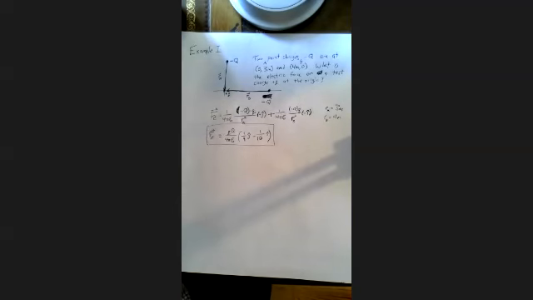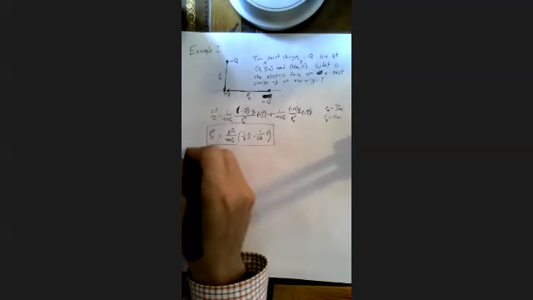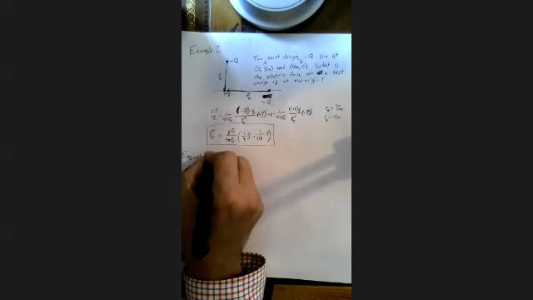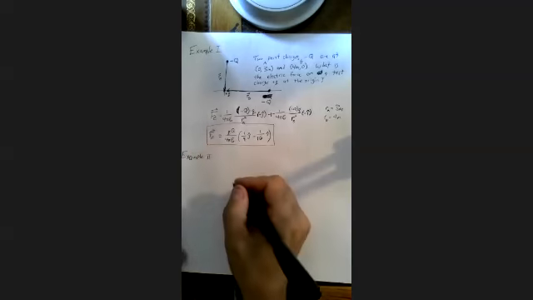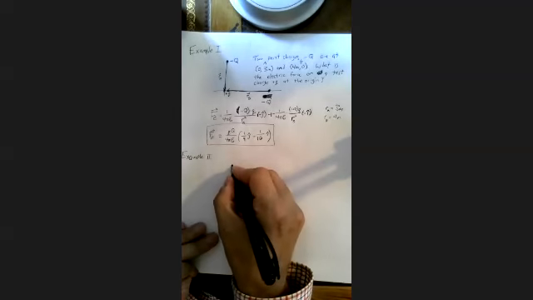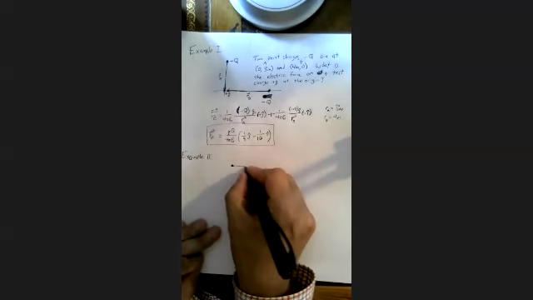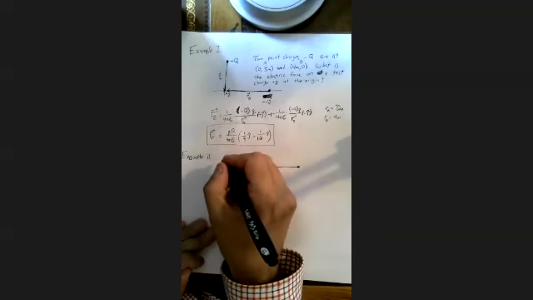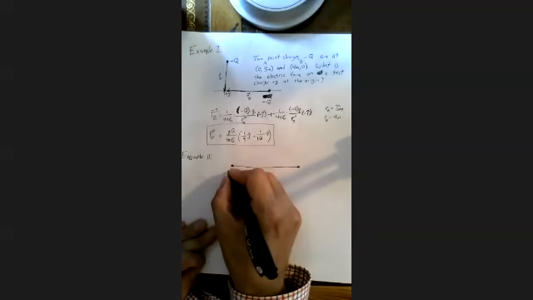So one more example, and we'll stop for today. Example 2. In this one, there's going to be a charge of plus q here.